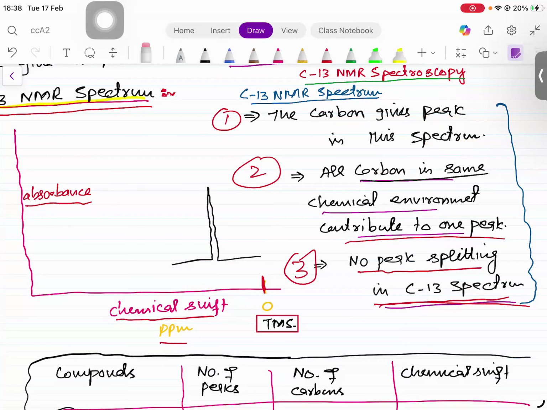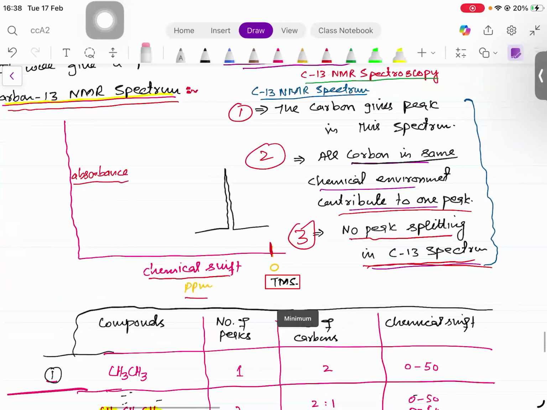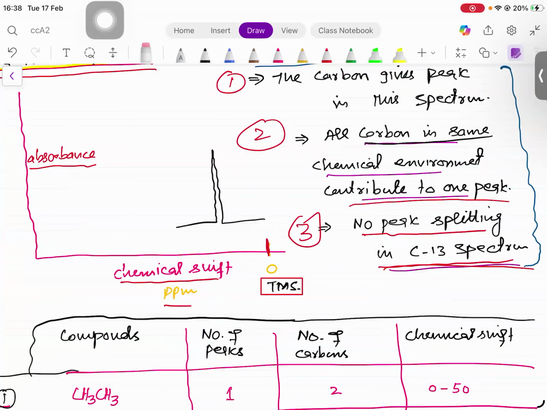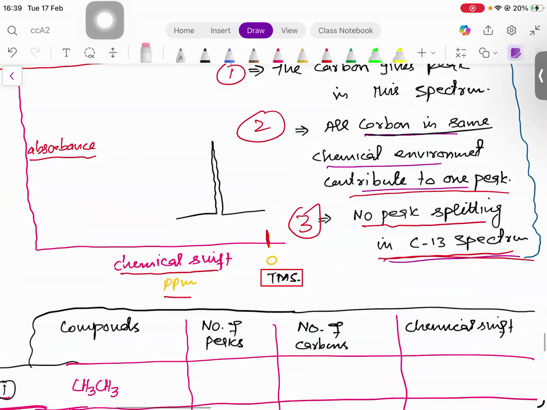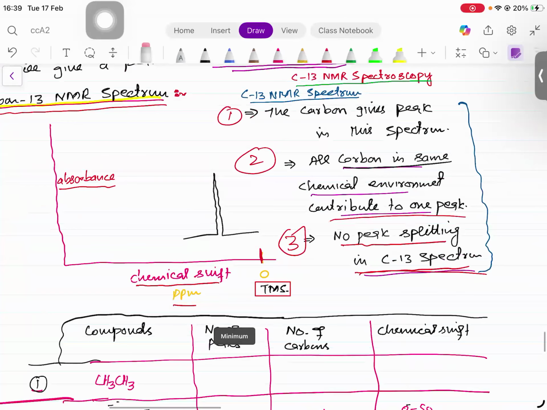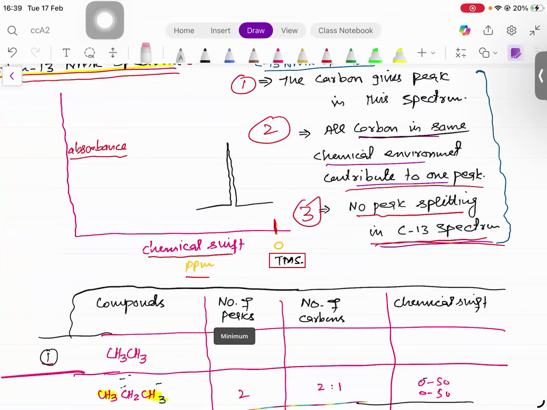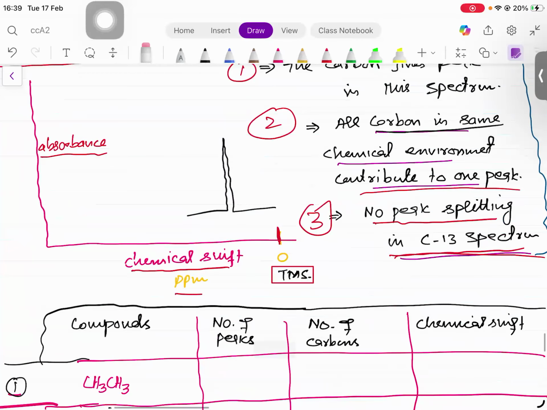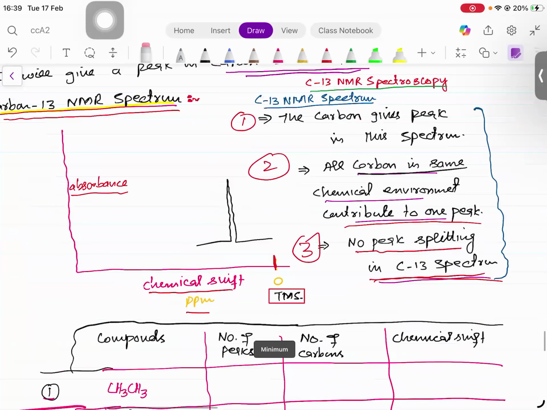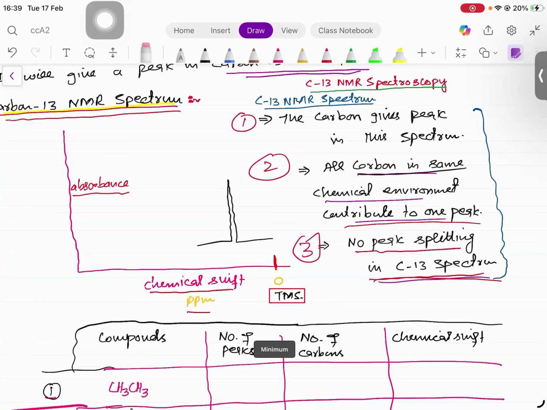Number 2, all the carbons in the same chemical environment contribute to one peak. And number 3, there is no peak splitting in this. That's a good thing, that the splitting of the peaks is not there in the carbon-13 NMR spectrum. Rest all the concepts are the same.